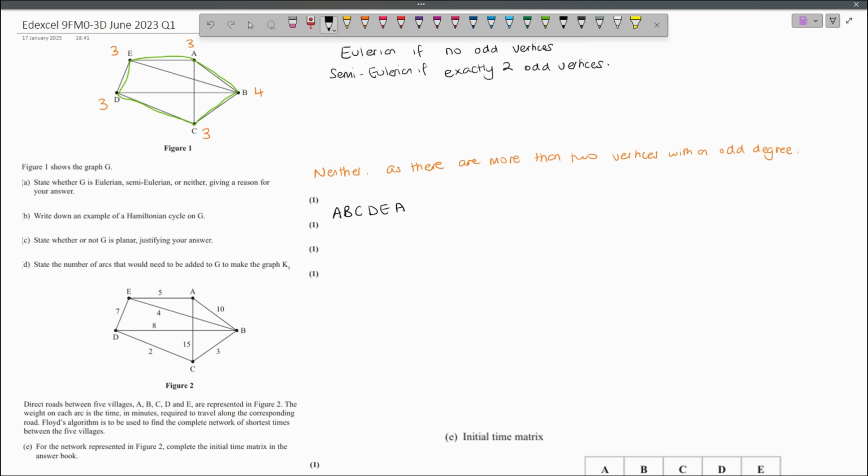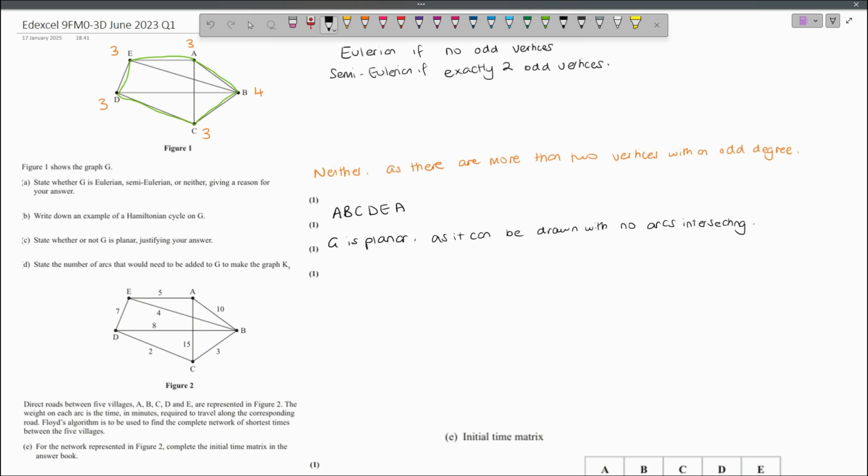We've got a Hamiltonian cycle, so we can use a planarity algorithm, but we could conclude that G is planar as it can be drawn with no arcs intersecting. As long as we can accurately conclude that, that would be accepted as a reason.